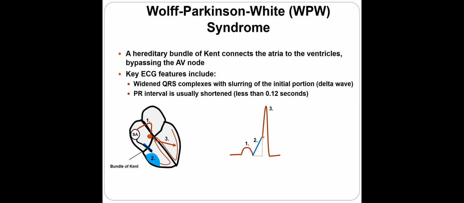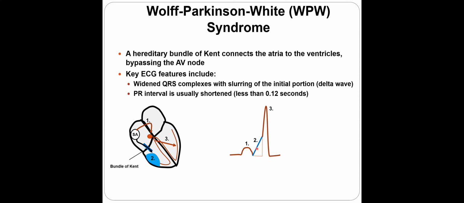So it means we have a widening of the first part of the QRS, and the PR is getting shorter. This is what we see, this delta wave. Certain parts of the ventricle are activated through the muscle, through this bundle of Kent. This delta wave can occur anywhere.